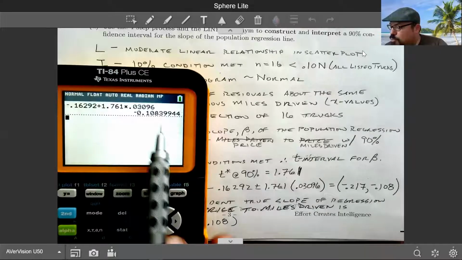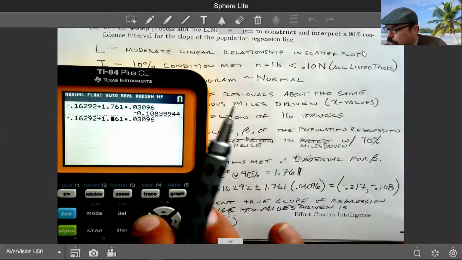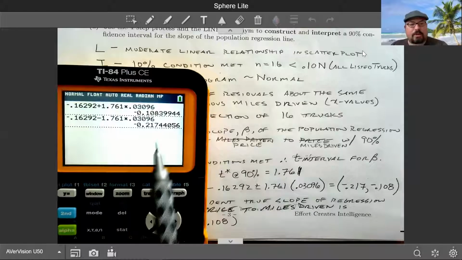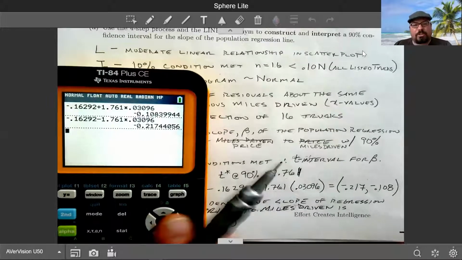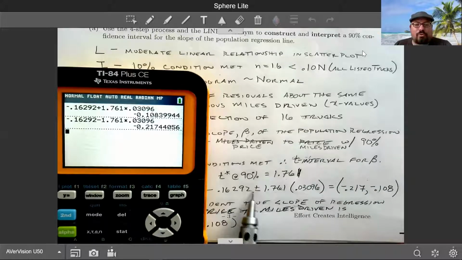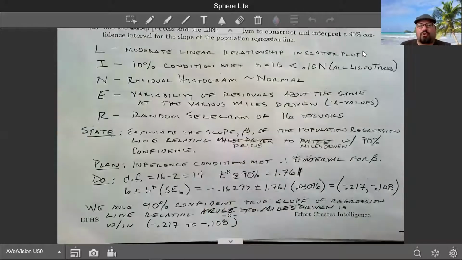There's that negative 0.108. That's fine. And then over here, minus. That's fine. So I'm not quite certain what I pushed wrong on the buttons, but that's why I prefer to write this out in this way. I'll double check that, maybe post a video for how it should actually be set up.